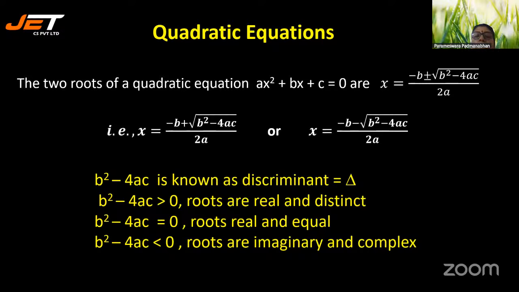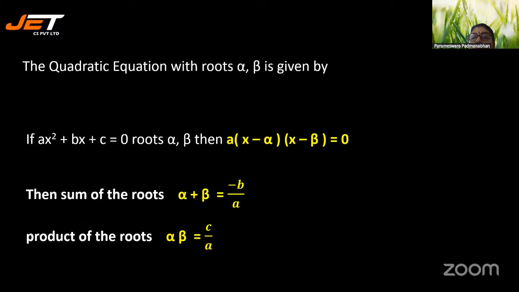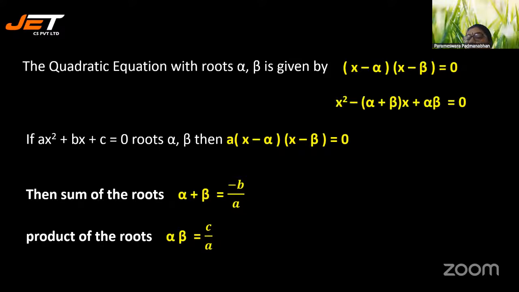All right, now the quadratic equation with roots alpha and beta is given by x minus alpha into x minus beta is equal to 0. Further down, when you factorize it, you get x square minus alpha plus beta into x, just multiply it, plus alpha beta is equal to 0.